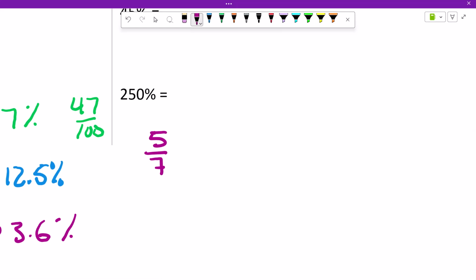It's not 57. You need to make it a fraction out of 100, but there's no number that multiplies 7 to make 100. It's a decimal number. So we're going to use a different strategy instead. Instead of making a fraction out of 100 first, we just figure out the decimal first.